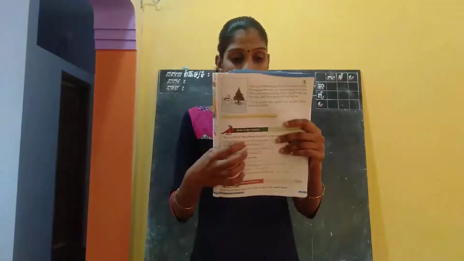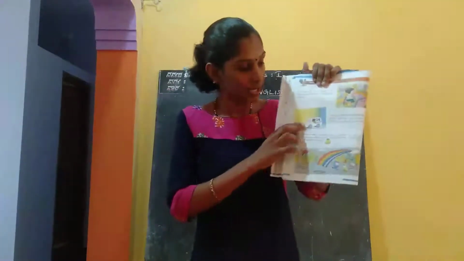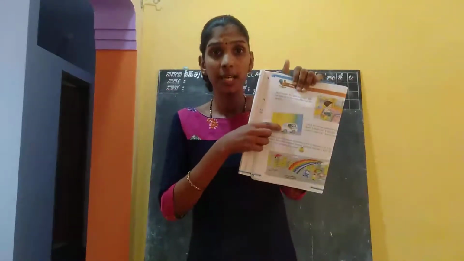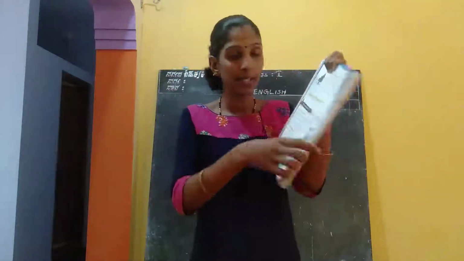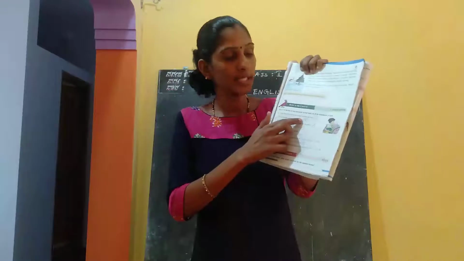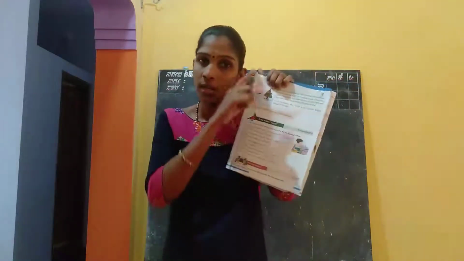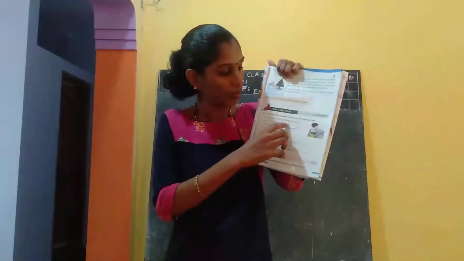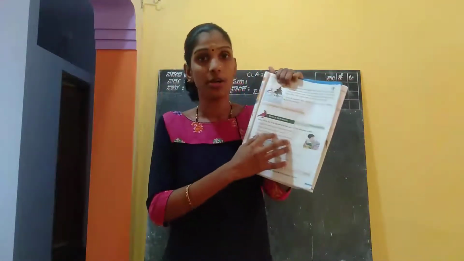Here in this statement, what are they telling? The ice cream one is green in color. Is it green? No, it is white. So the second statement is also wrong. We have to put a cross mark in the box. The first and second statements are wrong.